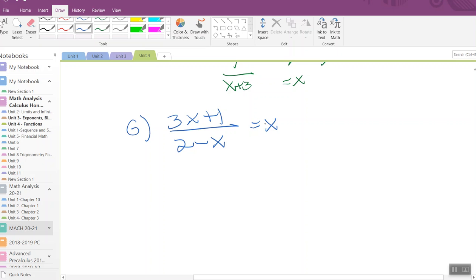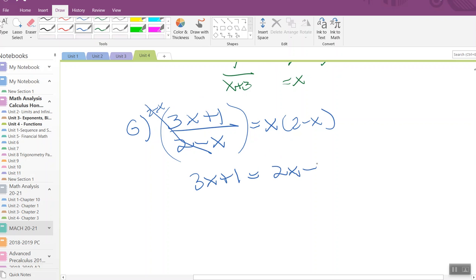So we can set that equal to x and find out where it intersects. So notice if we multiply by 2 minus x on both sides, it cancels the fraction, so you get 3x plus 1 equals 2x minus x squared. So bring everything over. So you get x squared plus x plus 1 equals 0.